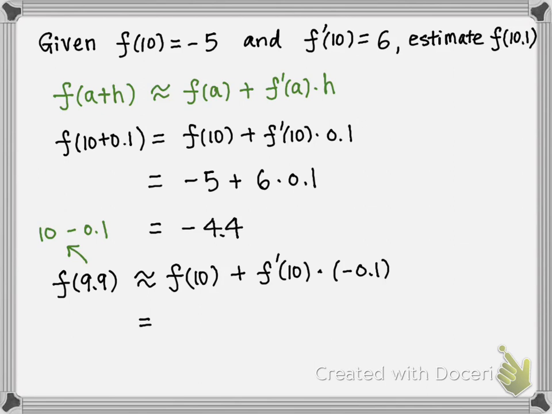So you will get negative 5 plus 6 times negative 0.1. So it'll be approximately negative 5.6. And these are just estimates. They give us an idea of the value of the function f near the point 10.